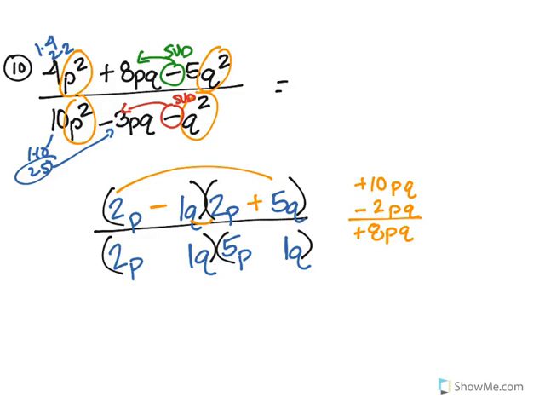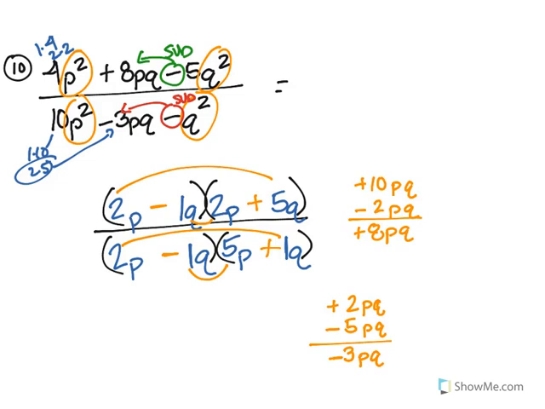And again, you want to check that outside, inside. My outside is 2PQ. My inside is 5PQ. And if you subtract, that will give me 3. My 3 is negative, so make sure you got a negative 5 and a positive 2.